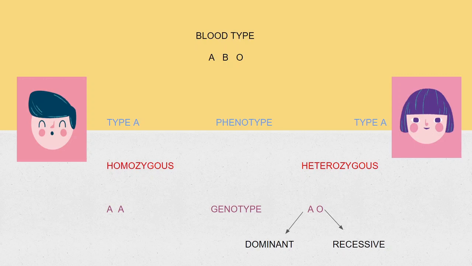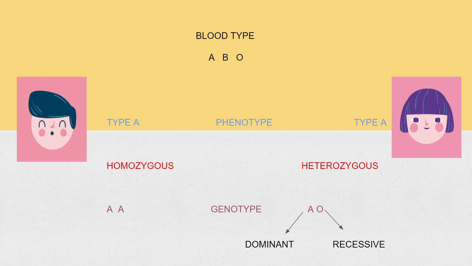Let's say we have this guy here, and both of his alleles code for blood type A. And there is a girl here who has one allele coding for A and another allele that codes for blood type O. For the guy, since both alleles code for blood type A, his actual blood type would be A. But for the girl, we are not sure as she has one of each.